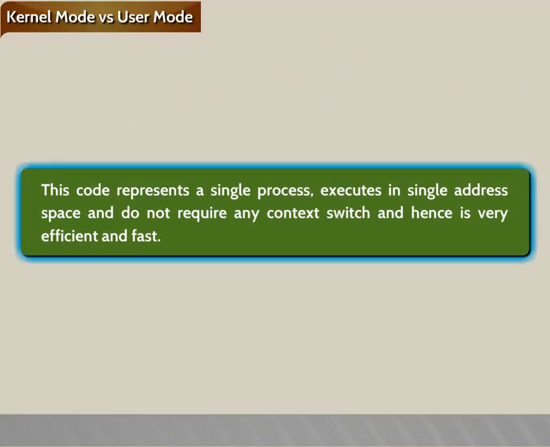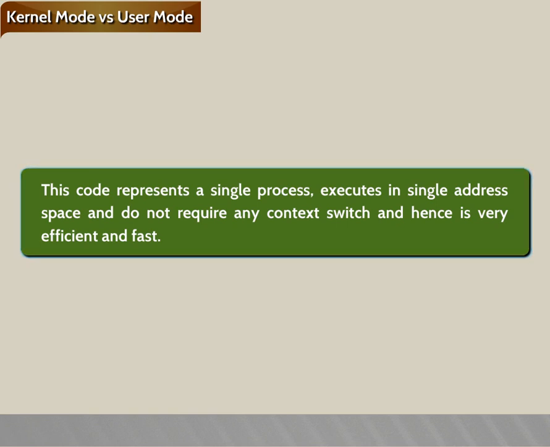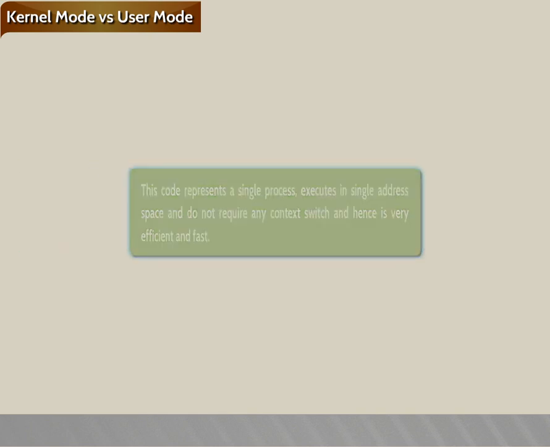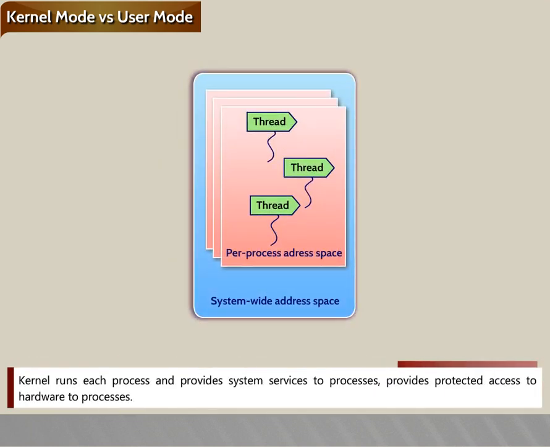This code represents a single process, executes in single address space, and does not require any context switch, and hence is very efficient and fast. Kernel runs each process and provides system services to processes, and provides protected access to hardware to processes.